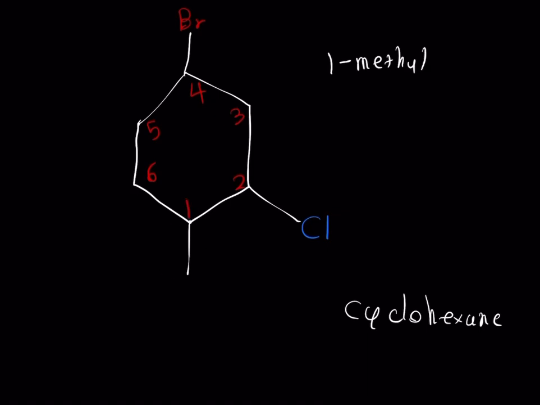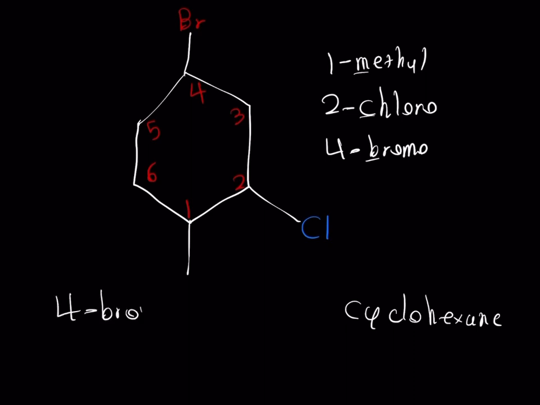We have 2 chloro, and we have 4 bromo. When we write these out in the name, we want them to be in alphabetical order. So out of M, C, and B, which one is first in the alphabet? B is. So we're going to go with bromo first.